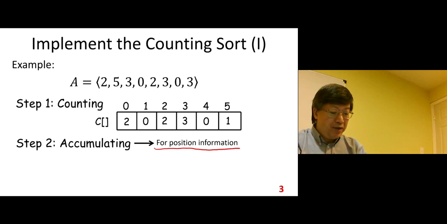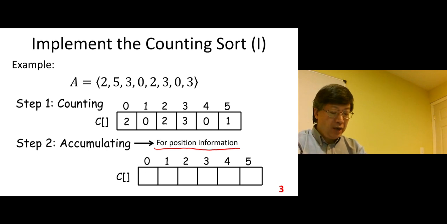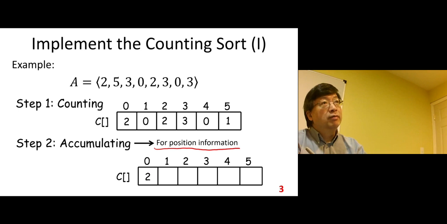So that's why this step is also important. How do we do the accumulating? First one, same number 2. But second one, accumulate the first 2. So 0 plus 2, still 2. The next one, 2 plus this 2, 4. Next one, 3 plus 4, 7.